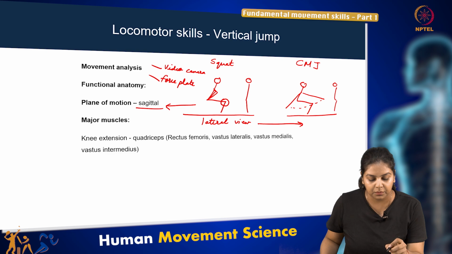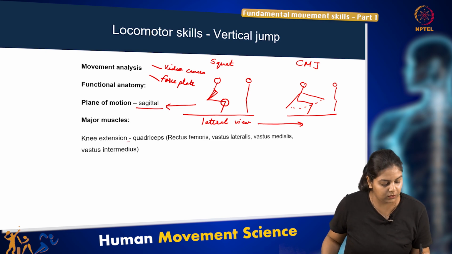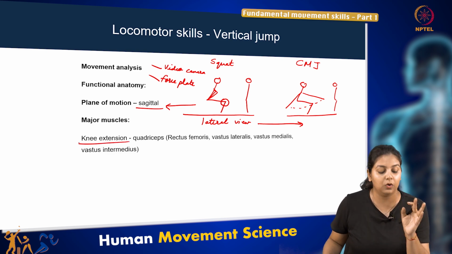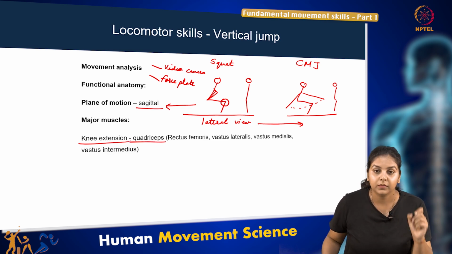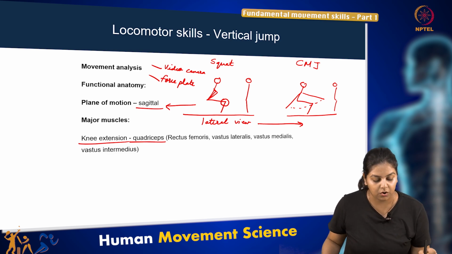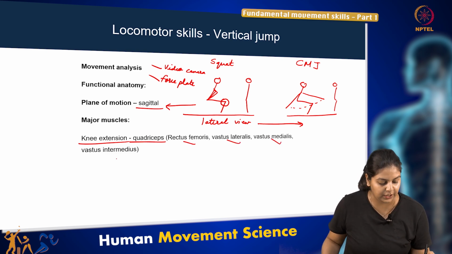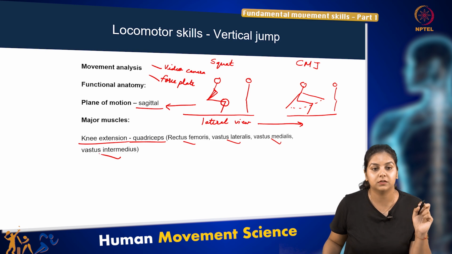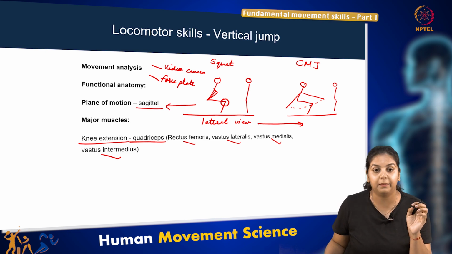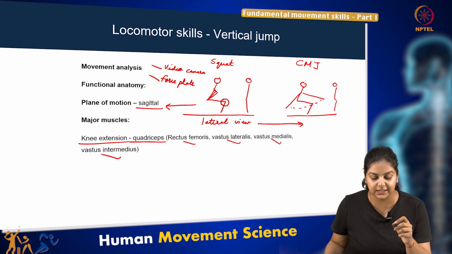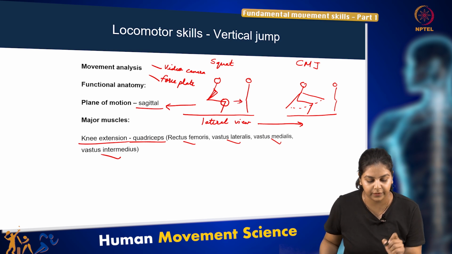So the main actions happening here are knee extension, and as we all know, knee extension is majorly by the quadriceps. And revising again our functional anatomy, quadriceps are made of rectus femoris, vastus lateralis, vastus medialis, and your intermedius. So just quickly recapping that for you. So there's knee extension happening from here to here during the jump.